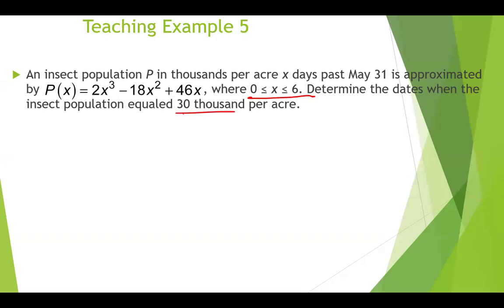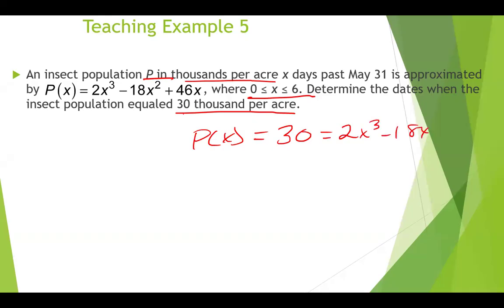So for this problem, it wants to know when is it at 30,000 per acre? Okay. Remember, P is thousands per acre. So when we write this, we're looking for when does P of X equal 30? And P of X is 2x cubed minus 18x squared plus 46x. Okay.